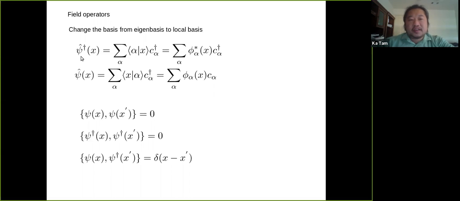We define here psi dagger and psi by the transformation to the eigenbasis, given by this equation and that equation. And this is a canonical transformation, which means the commutation relation doesn't change. So you end up with the same commutation relations as you expected for C alpha dagger and C alpha, now for psi x and psi dagger x. It's nothing fancy, just a linear transformation here.